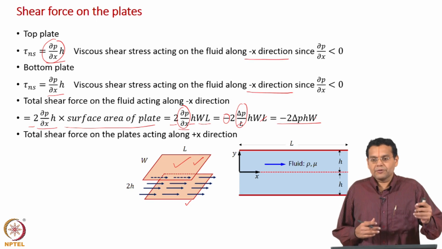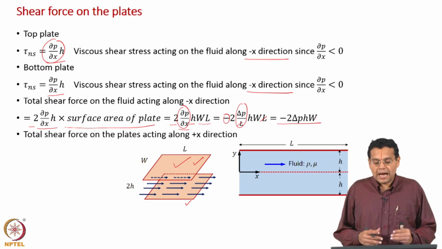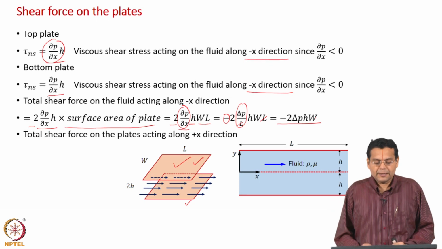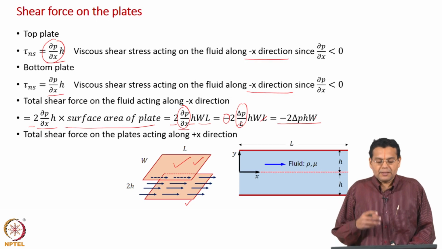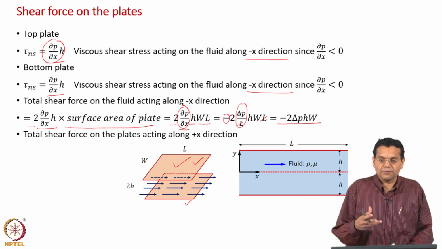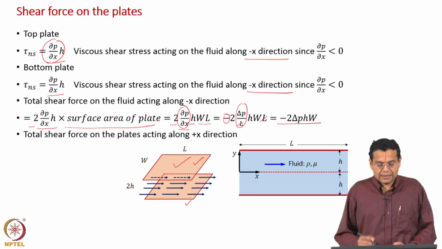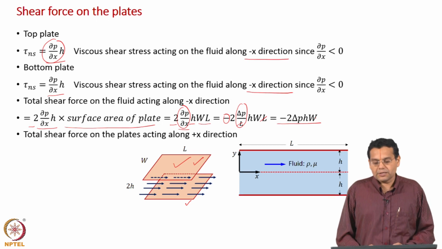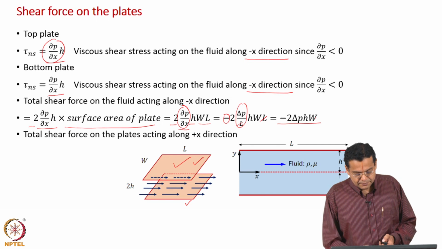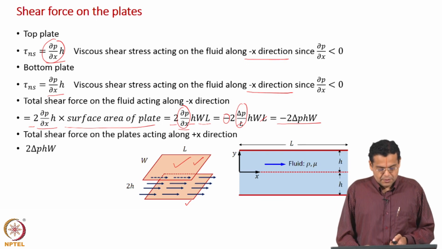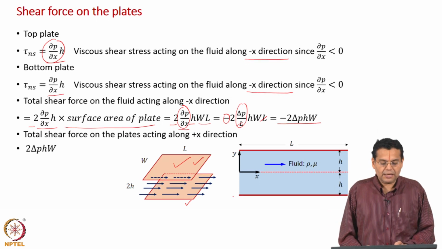Throughout we work with shear stress, shear force acting on the fluid, because all our discussion right from the beginning is with respect to force acting on the fluid. That is why whenever we discuss tau etc., it is on the fluid. At the last step we just change the direction and say that the total shear force acting on the plates is negative of what we have found out in the previous step. Of course, that is 2 delta p h W.